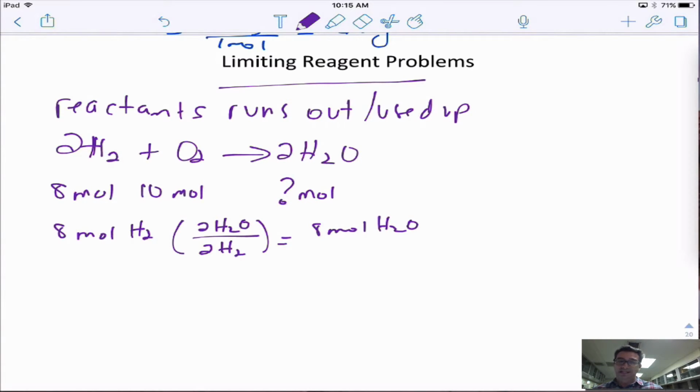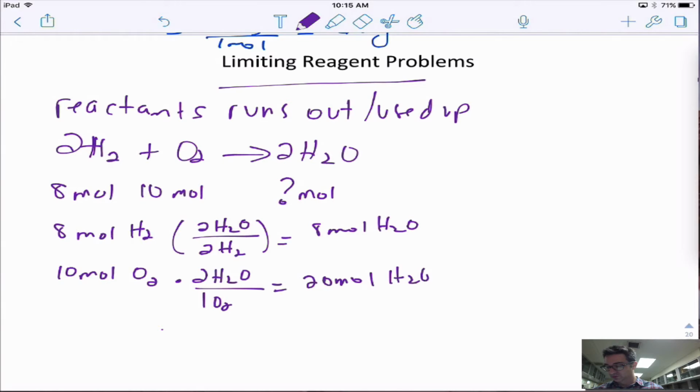But we have to test out O2 also, because if we don't test out O2, we won't know which one's limiting. So let's test that out. 10 moles of O2 times, well, for every 2 H2O, we are going to have 1 O2, and so we'll make 20 moles of H2O.